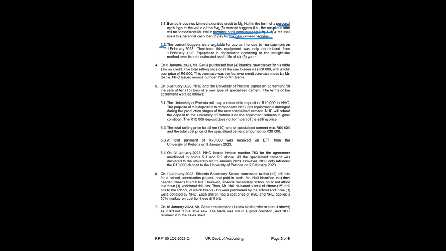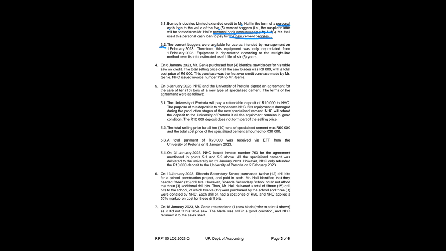Let's move on to point 4, which is on page 2 of your question. So go to page 2 of your question, point 4. On the 6th of January 2023, Mr. Genie purchased 4 identical saw blades for his table saw on credit.